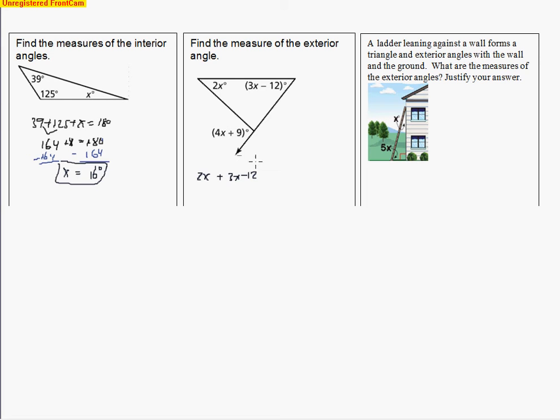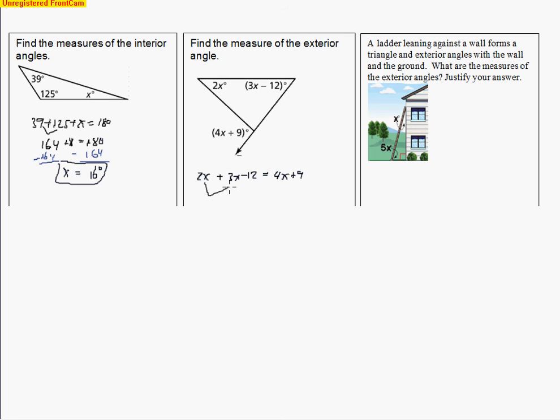And the reasoning is this: all angles in a triangle add to make 180, straight lines add to make 180, and so this missing piece right here, along with the sum of these two, must equal 180, but also this missing piece plus this piece must also equal 180. So we're going to set these two remote interior angles equal to this exterior angle.